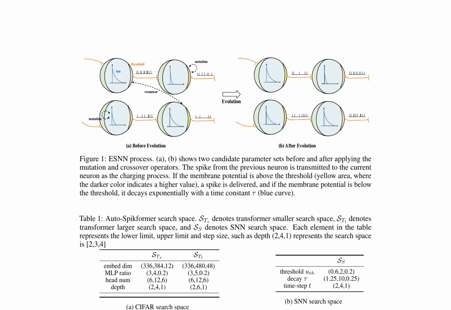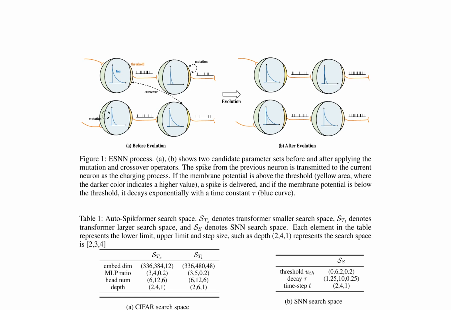In spiking neural networks, SNNs, individual neurons can undergo an evolutionary process to adapt to their surroundings, a concept known as evolutionary SNN neurons. This process optimizes internal parameters such as threshold, decay, and time step within individual neurons, which significantly impact SNN performance.